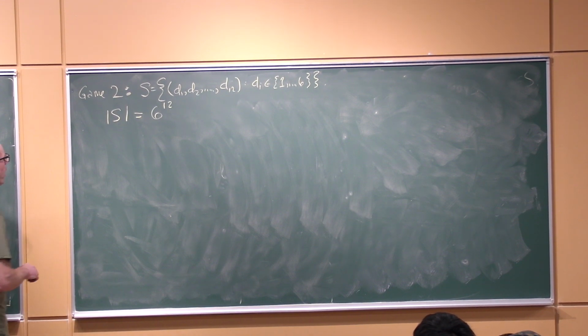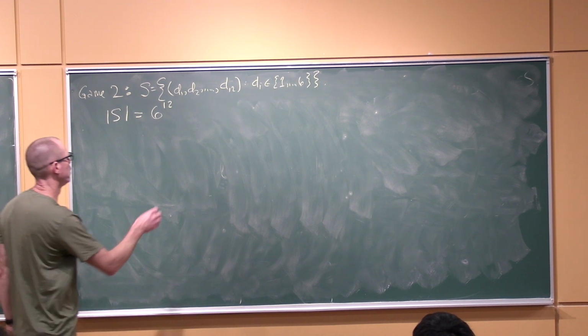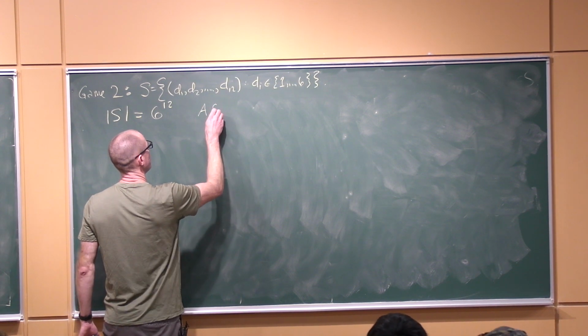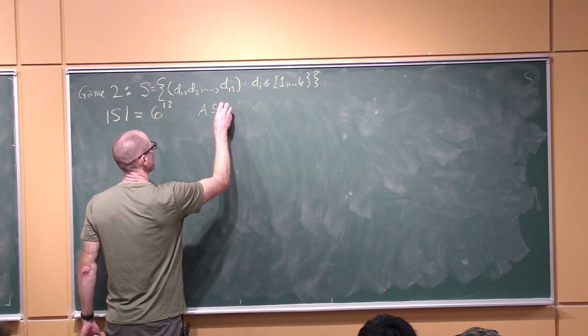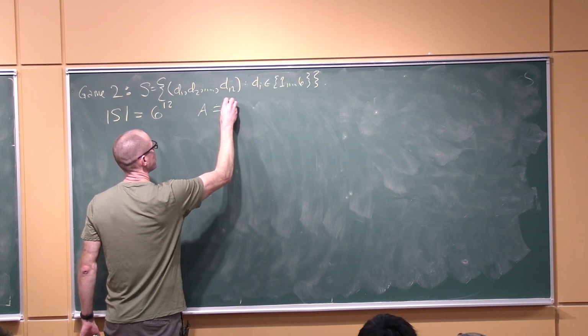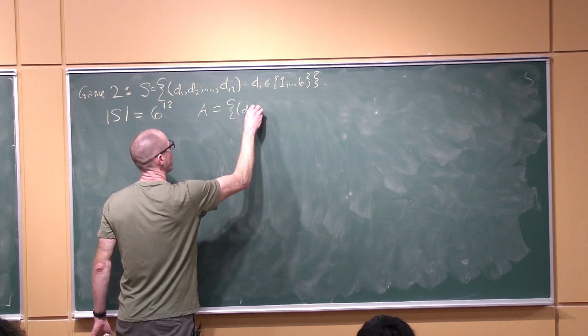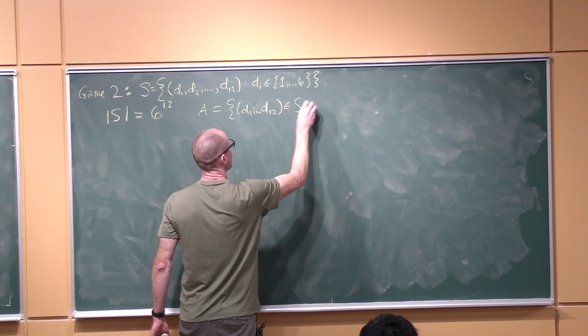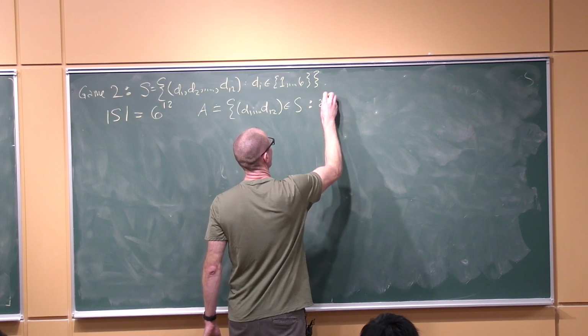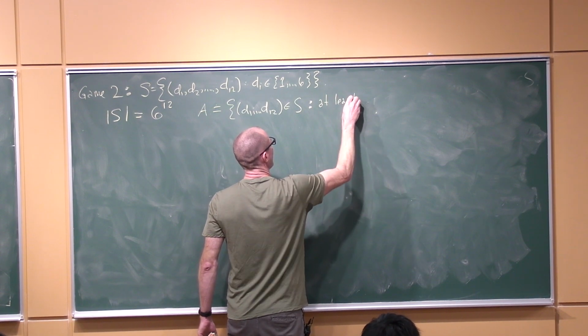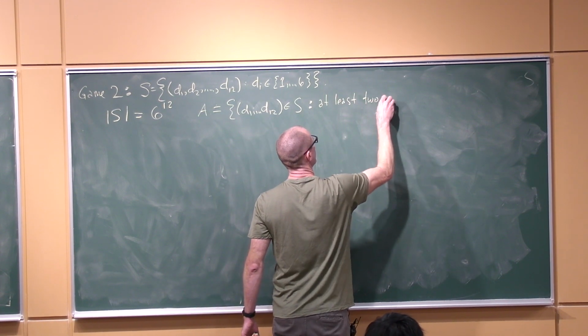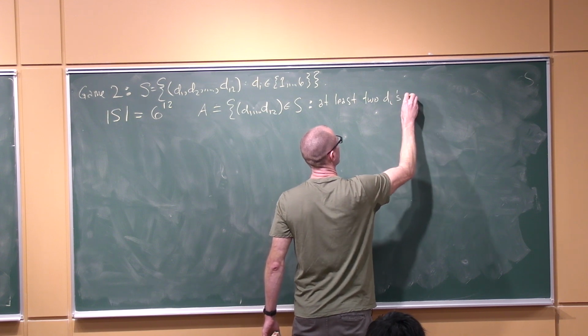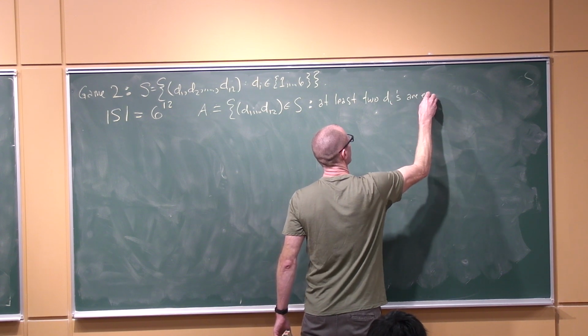All right. A is going to be the subset of S that is the D1 through D12 in S, such that at least 2 Di's are equal to 6.